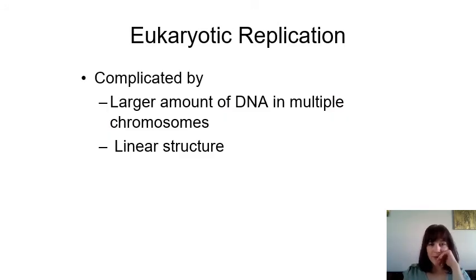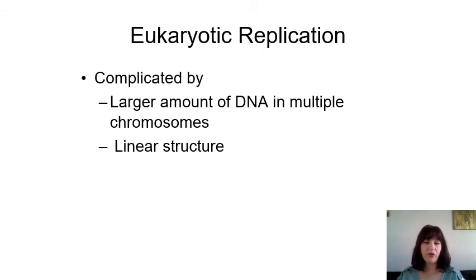Now, let's talk more about eukaryotic replication versus prokaryotic replication, right? So one of the big differences between eukaryotes and prokaryotes is that eukaryotes have a lot more DNA. Not only do they have more DNA, they have a linear structure, right? It's just one super long strand. And so again, prokaryotes have a lot less DNA, it's just one ring structure.